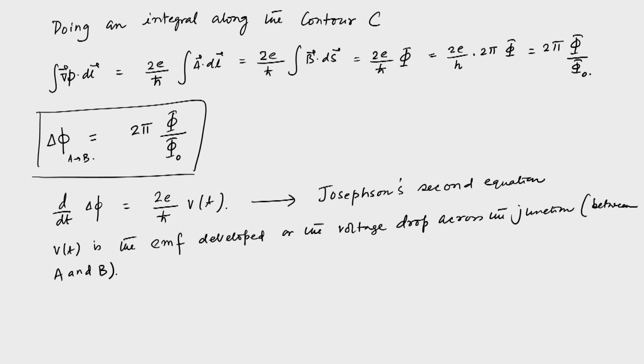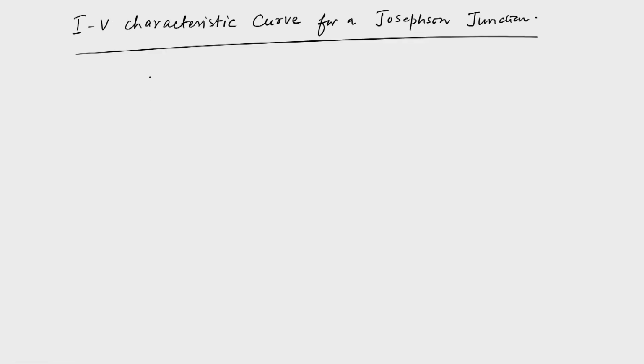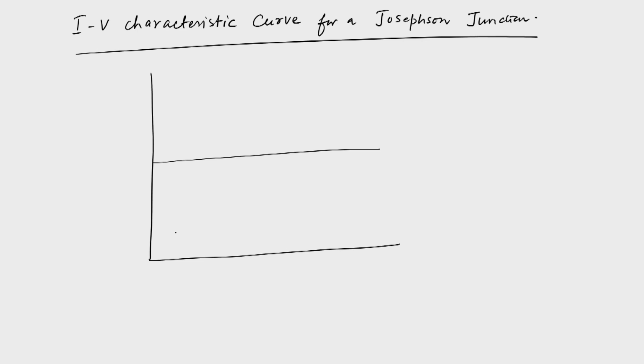So, what is the current versus voltage characteristic curve for a Josephson junction? Okay. So, if we plot V this way and I this way, then of course, you are at the middle.